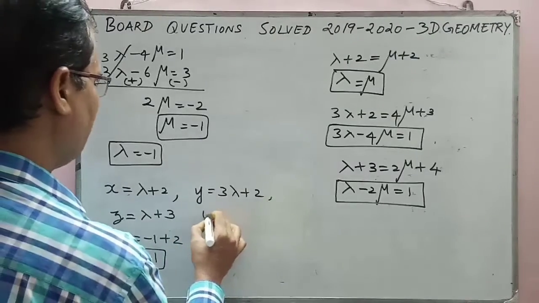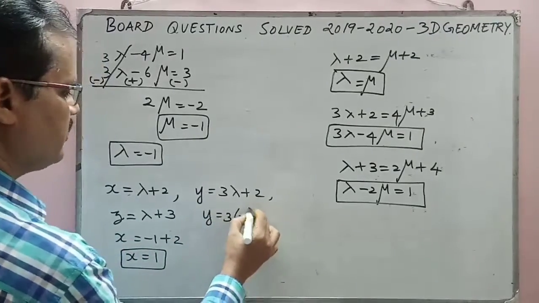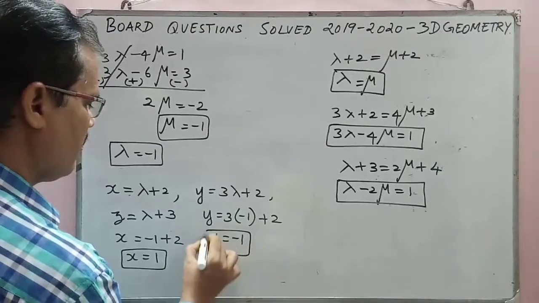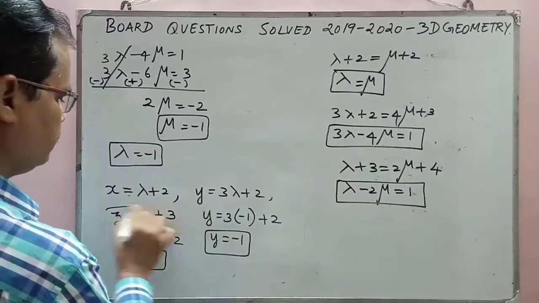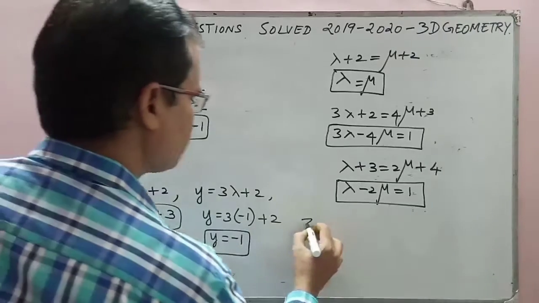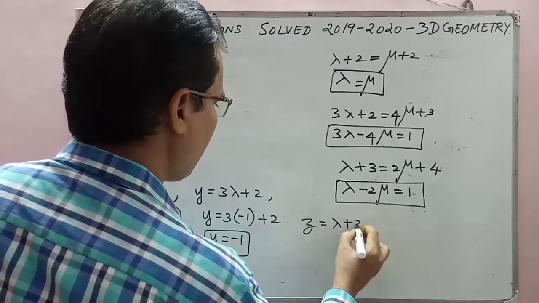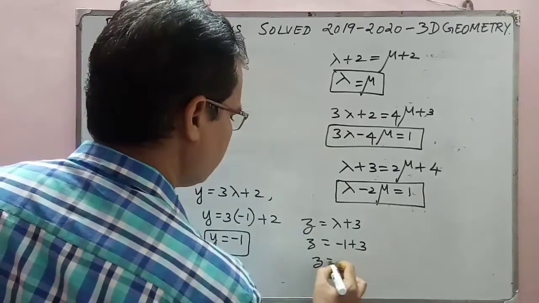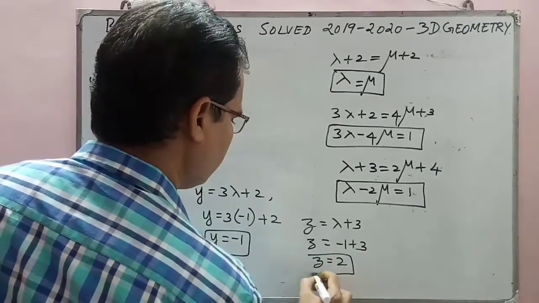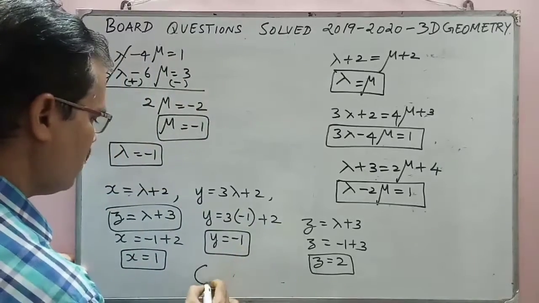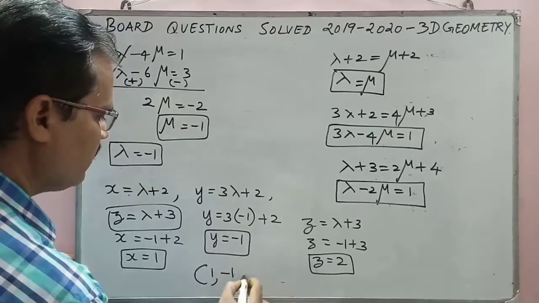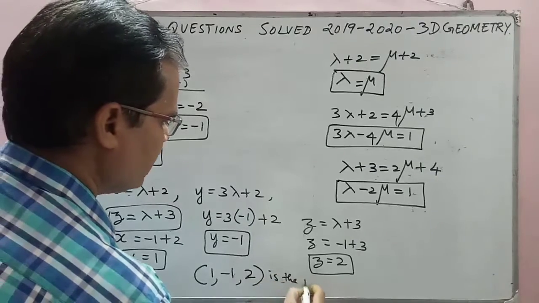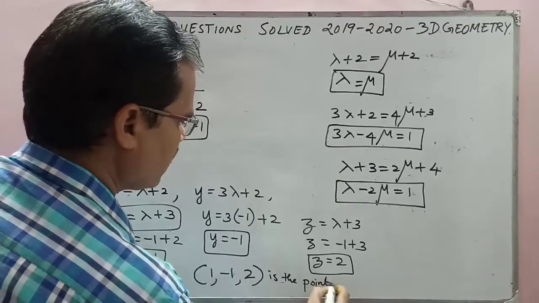Then y equals 3 times minus 1 plus 2, y equals minus 1. Then z equals minus 1 plus 3, so z equals 2. Therefore the point of intersection is 1, minus 1, 2. The second part got over here.